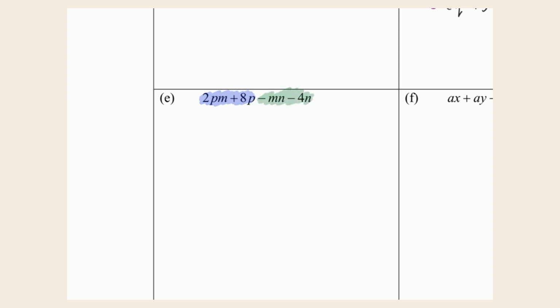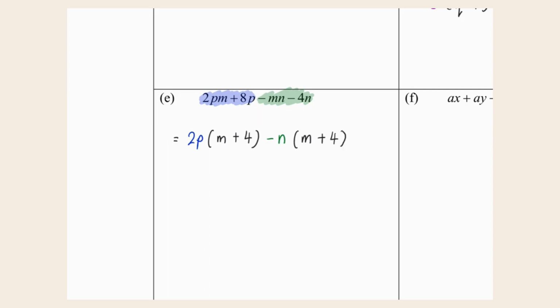So we would have 2p as the common factor, and I'm left with m plus 8 divided by 2 would be 4. I'm going to take out negative n as the common factor, and I'm left with m plus 4.